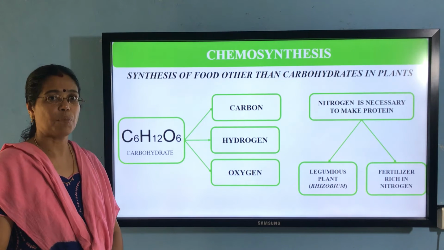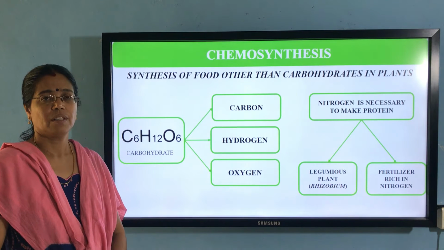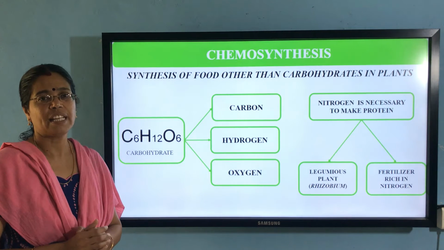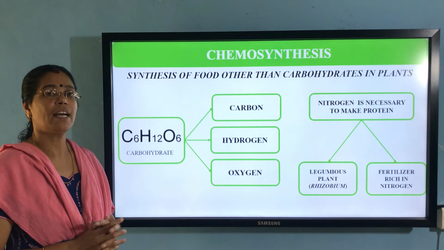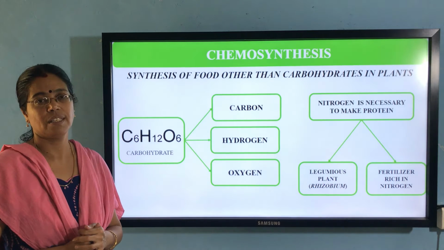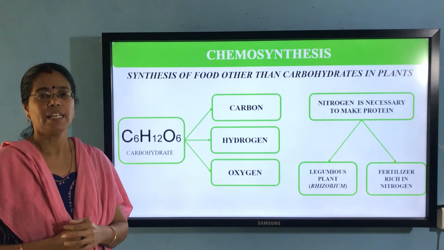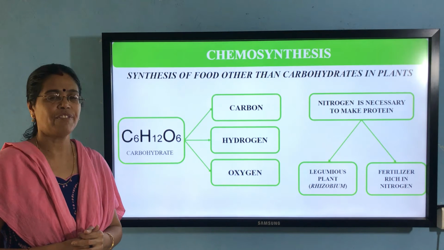Now let us discuss the synthesis of food other than carbohydrate. You know that plants prepare their food in the form of carbohydrate. In carbohydrate, there are some elements like carbon, hydrogen and oxygen. So with the help of these elements, the plant prepares other components of food like protein and fat.